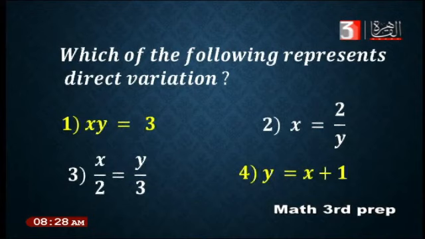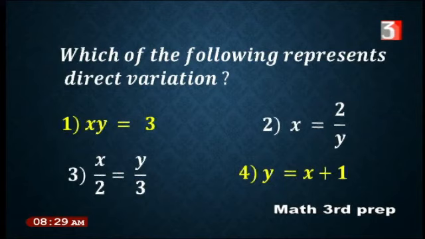First of all, when you think about such a problem, you are going to notice that choice 4 is dismissed, as we have never said that variation equals y equals x plus a number. So this is going to be dismissed. Look carefully at the other 3 choices. Direct variation means y equals mx. So when you look at the first choice, y equals 3 over x.